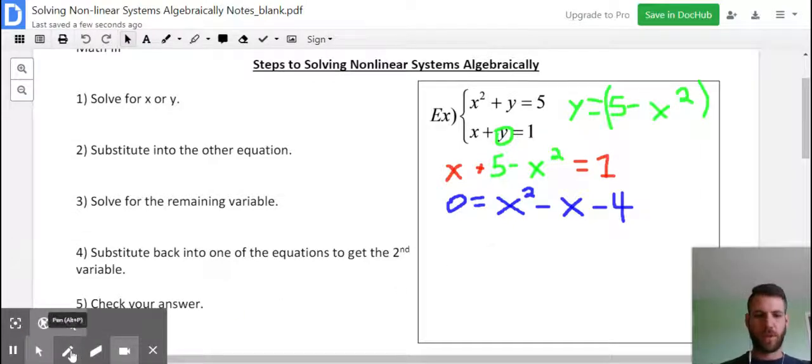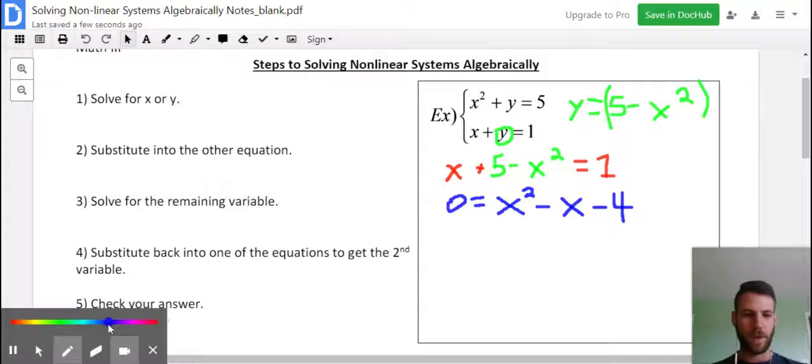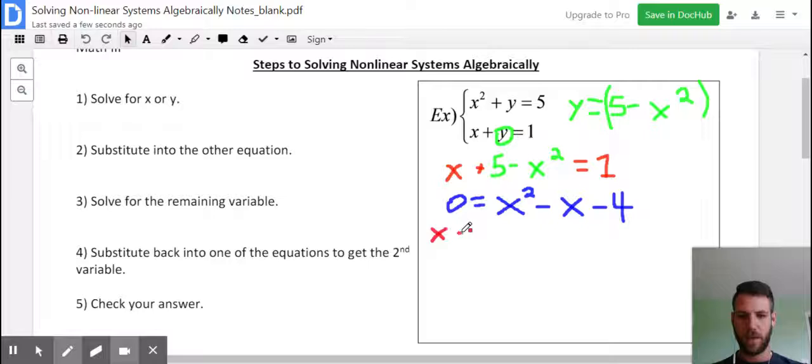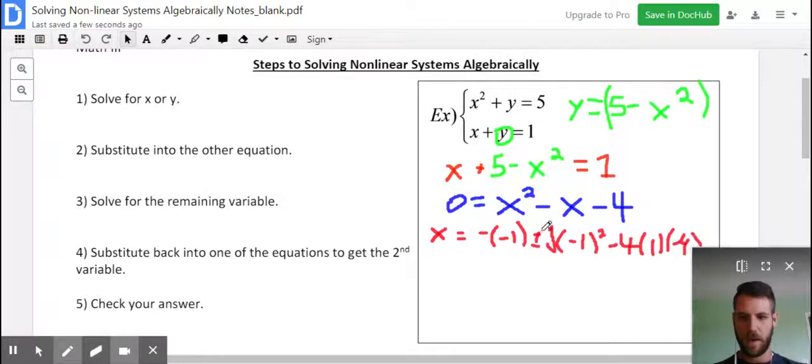To solve this quadratic, we will use the quadratic formula, and the setup for that would be x would be equal to the negative b value plus or minus the square root of b squared minus 4 times a times c, and all of that is going to be divided by 2.